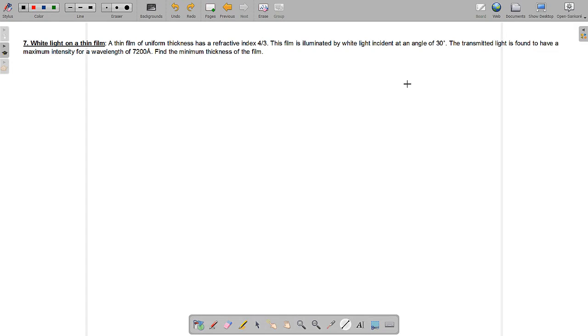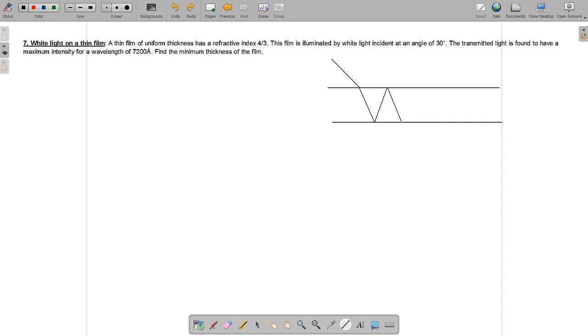Alright, so first analyze what this situation will look like in the form of a diagram. Let's say this is some thin film which is illuminated by white light. Let's say this is the light which is incident. Let's say the light is incident here at an angle of 30 degrees, and after incidence it is refracted and it is reflected from this point and again reflected back.